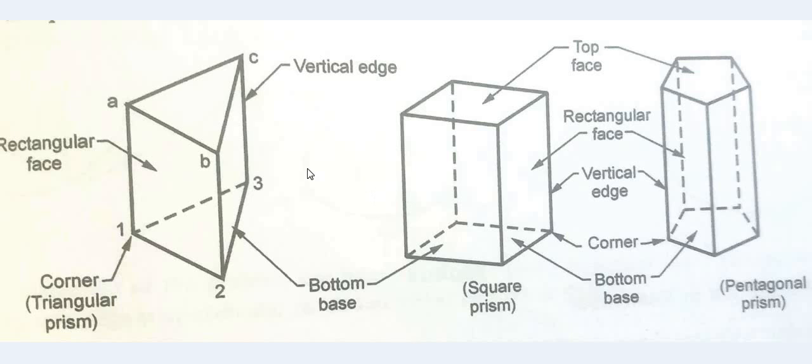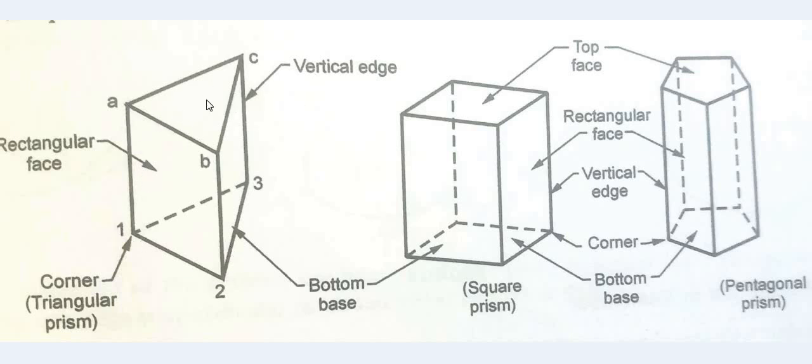In addition to this basic composition, now we will need to study some parameters which will be utilized for the projections. So already we have seen two identical bases and these corners of bases, and these edges are known as longer edges. Sometimes they are known as vertical edges, but more often they will be known as longer edges. One more parameter is, irrespective whether prism is triangular, square or pentagonal, its side surface, that is surface at the sides, will be of rectangular shape.